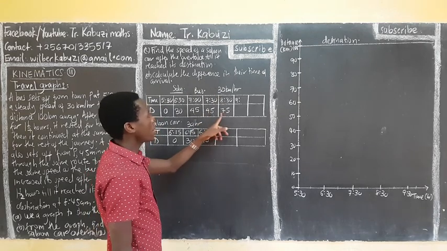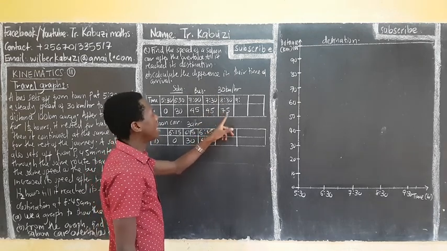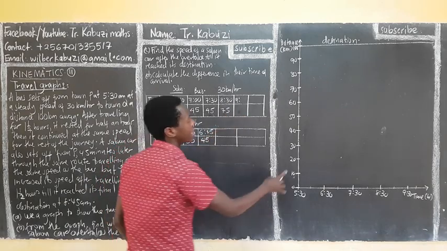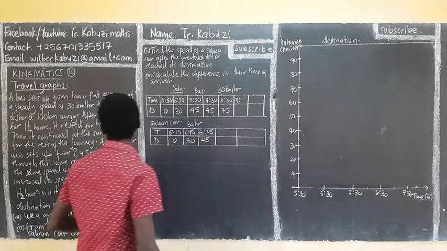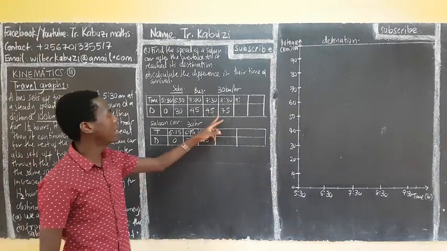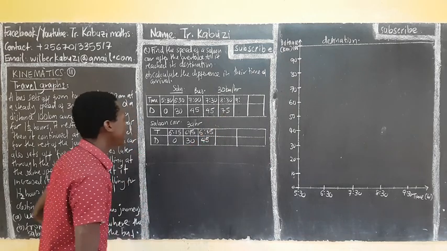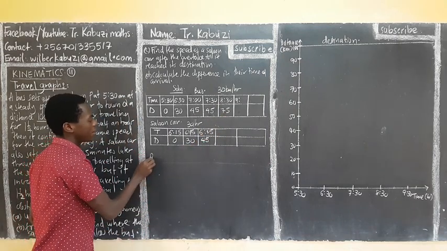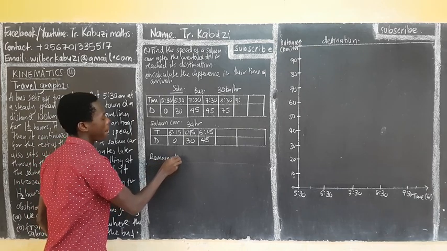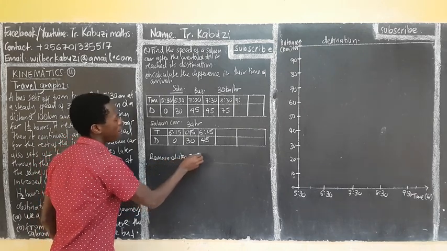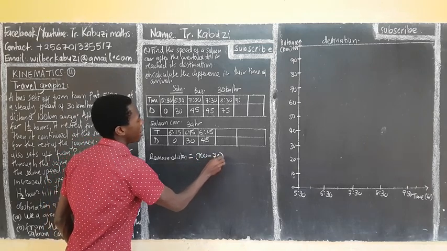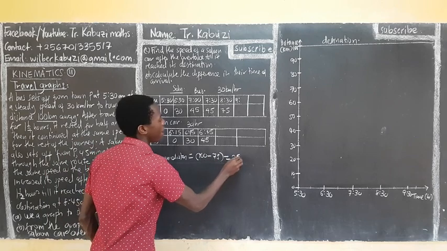Now, when we reach here, we have to be careful. You see that 75 is covered, and it's covering from 0 up to 100 because it's going to a town which is 100 kilometers away. But I've already covered 75, meaning the remaining distance is going to be 100 minus 75, which is 25 kilometers.